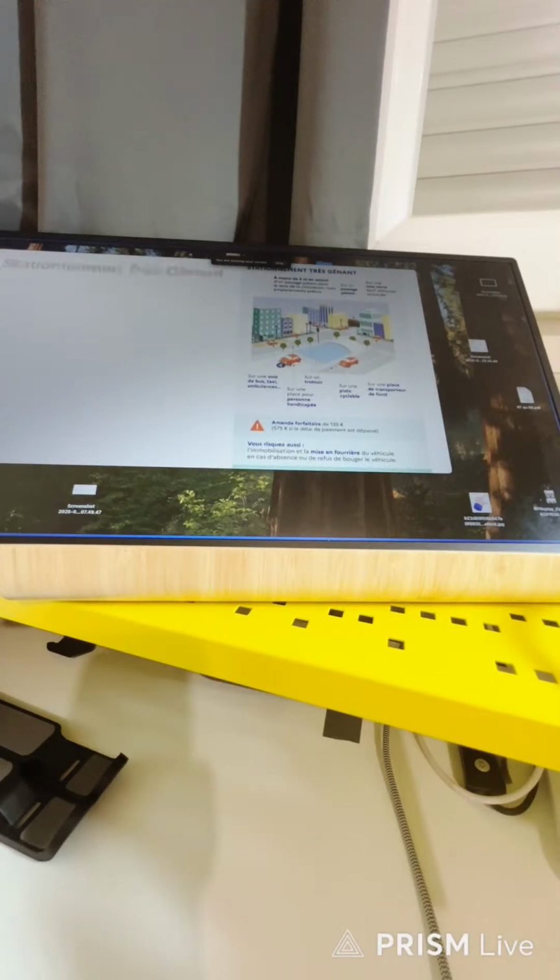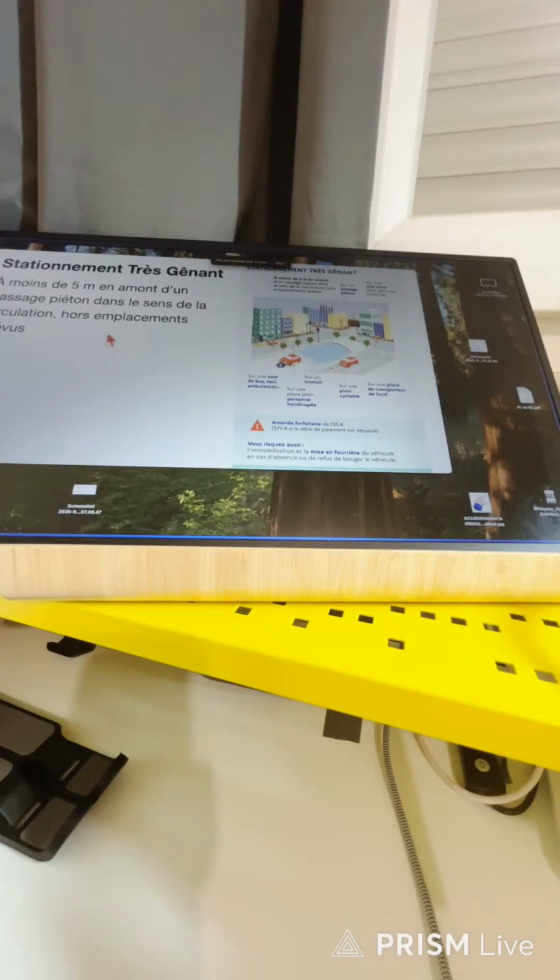So we have what we call stationnement très gênant. Okay? Stationnement très gênant, what does it mean? It means that if you want to park in front of a passage for pedestrians, you must leave at least 5 meters before you park in front of the passage.